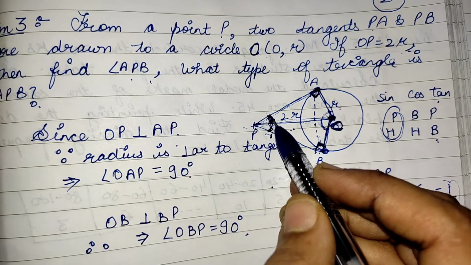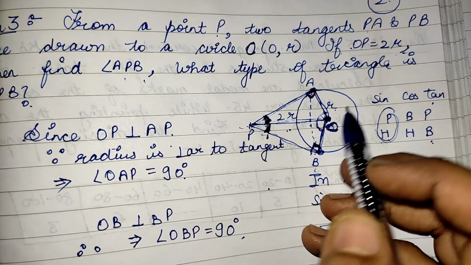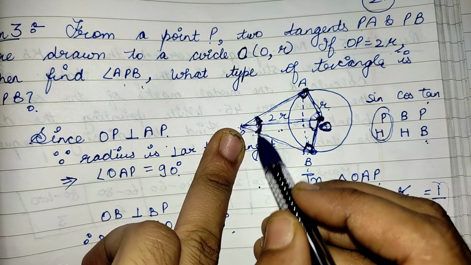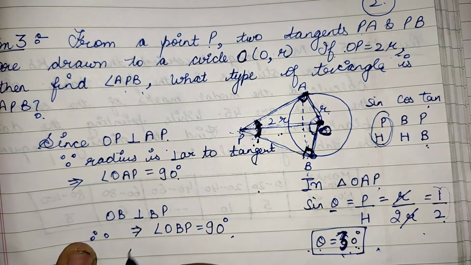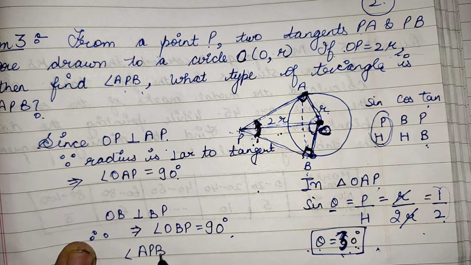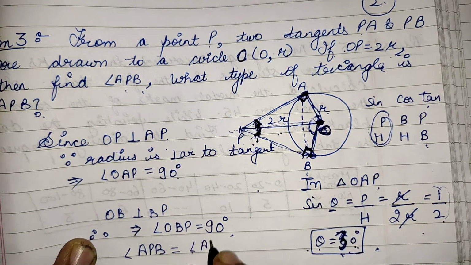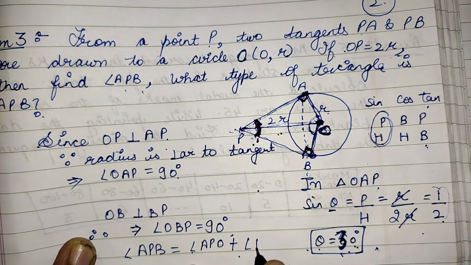So if this angle is 30 degrees, then this angle will also be equal to 30 degrees, because we know that this line is dividing the complete angle APB into two equal parts. Angle APB is equal to angle APO plus angle BPO, right?